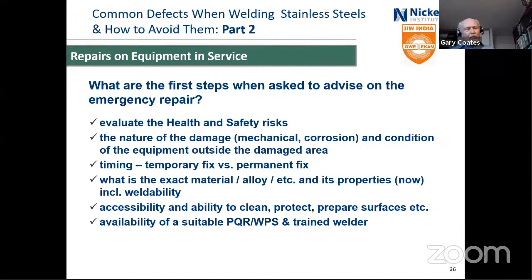And sometimes it's important to talk to the plant people to find out what the history of the material is. Has this leaked recently? Has it leaked 5 years ago and it was replaced with something else? And of course, if it was replaced with 6 Moly or a duplex alloy and it was supposed to be an austenitic, the repair procedure will be completely different.